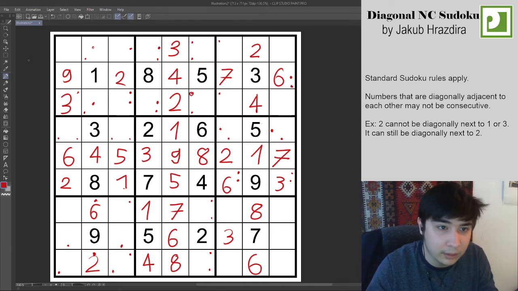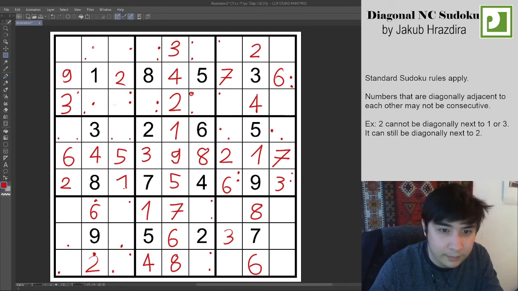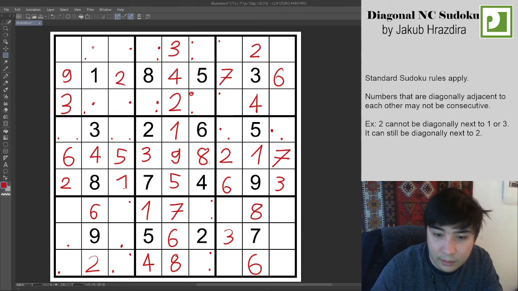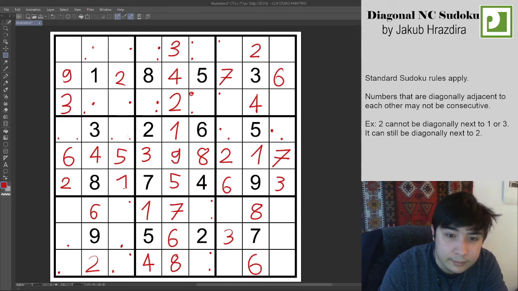Let's clear up some pencil marks. I think that's all the pencil marks I see. One, two, three. We need a 4 in that box.